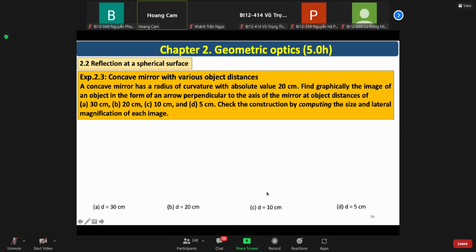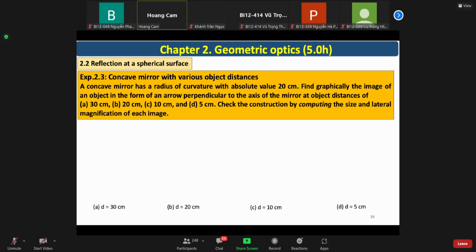You can use S or you can use D for distance as you like. Don't worry about the notation. And then they ask you to check the construction by computing the size and the lateral magnification of each image. So what they ask you is to draw the graphic location of the image and the object as well.